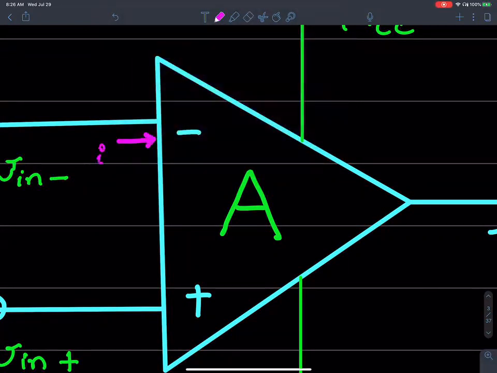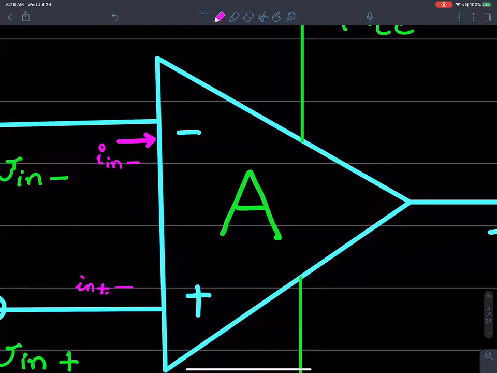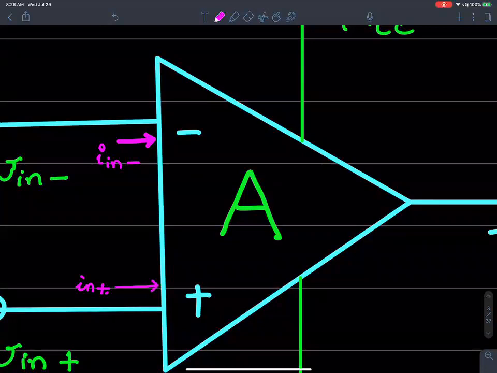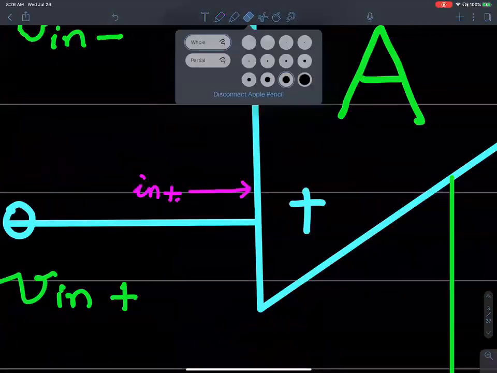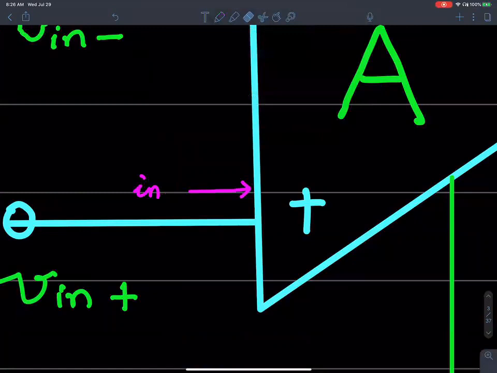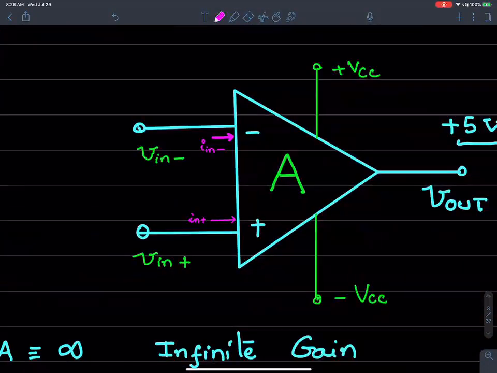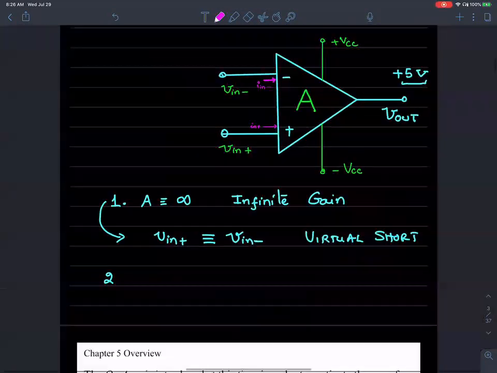I in going into the negative terminal and I in going into the positive terminal, the assumption is that there's no current going into them. The amount of current going into the op-amp is 0.